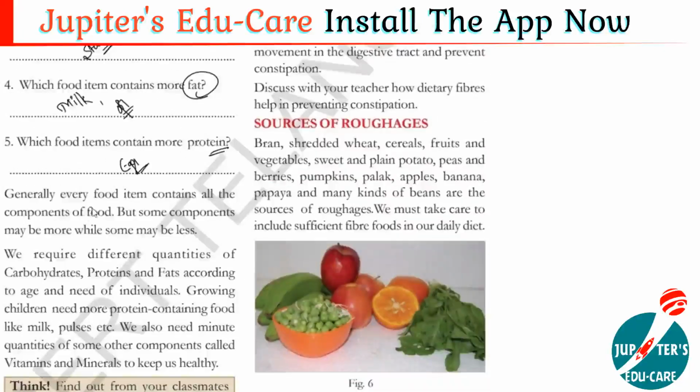Generally, every food item contains all the components of food, but some components may be more and some may be less. Some components are present in large quantity, some in small quantity, but every food item contains almost all components. So that's why we need to eat each and every kind of food: all varieties of fruits, all varieties of vegetables.